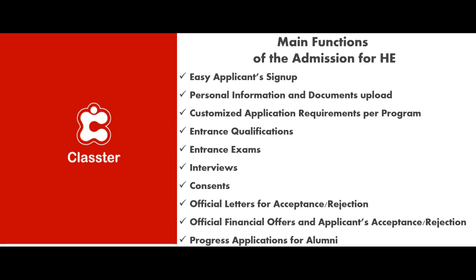Official financial offers, where we can communicate to the applicant and send the exact offer, so the applicant can accept or reject the offer through the admission portal. And finally, the progress applications for the alumni. In case of masters, for example, in order to apply for this master, you must complete this bachelor first, and so on.